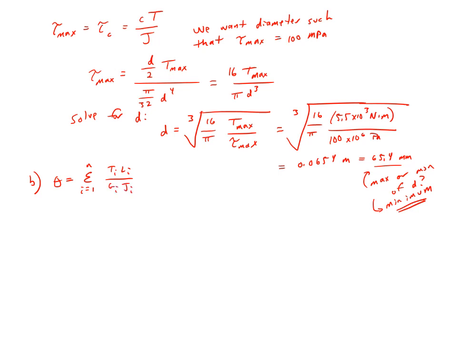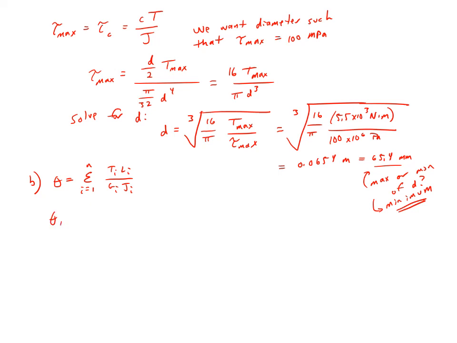Because in each of the lengths of the shaft, we can have a different torque, a different length, a different G, a different J, and essentially what that's going to look like is something like this.